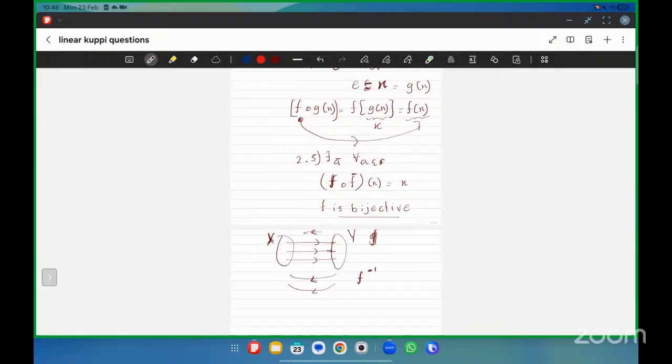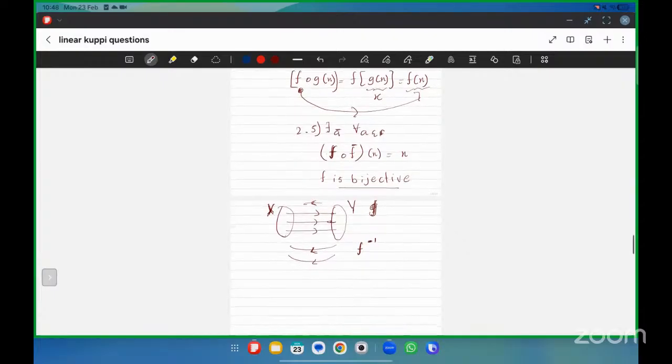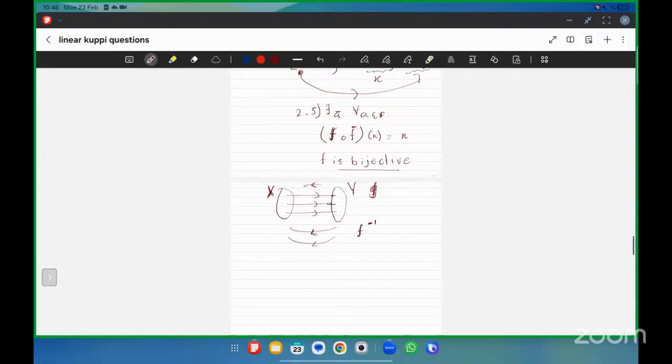For example, if fx is equal to x plus 5, to find the inverse function we have to separate these things.